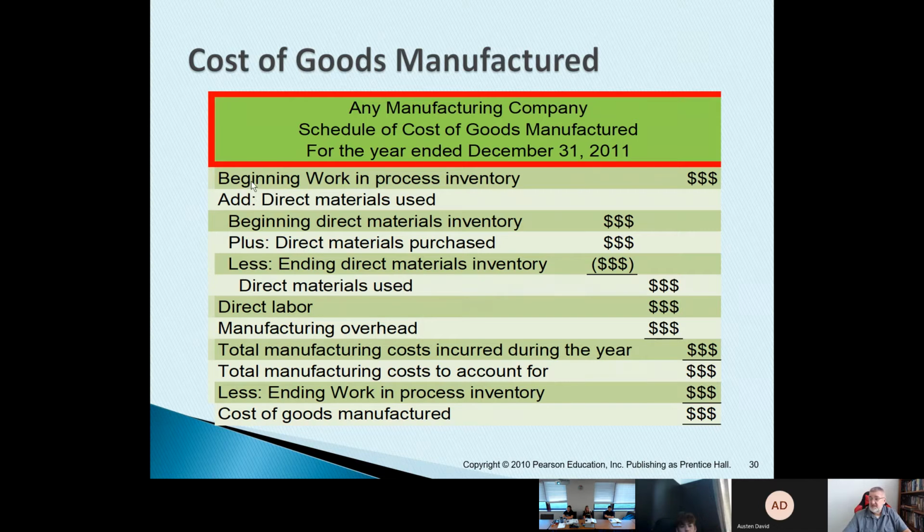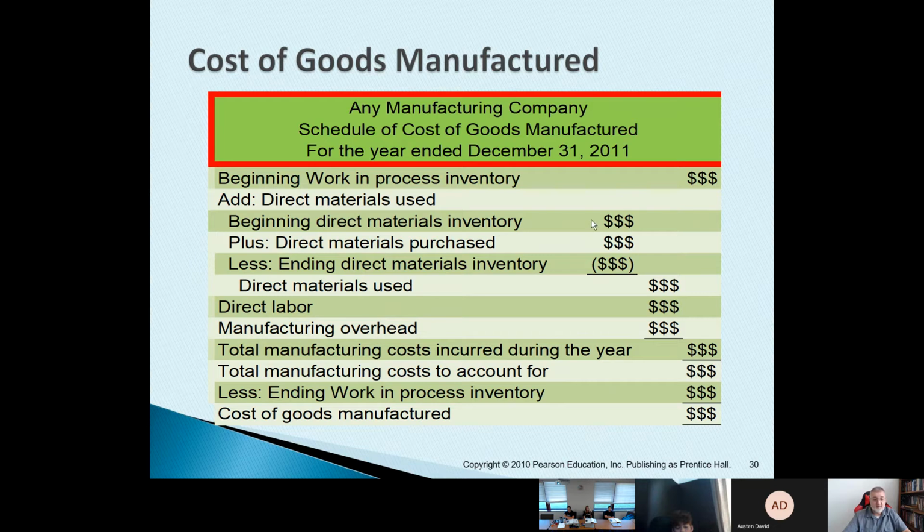So, a cost of goods manufactured. This is our beginning inventory. What did we have in the process at the beginning of that month? We're going to add to that our beginning direct material inventory. So this is stuff that we're working on.